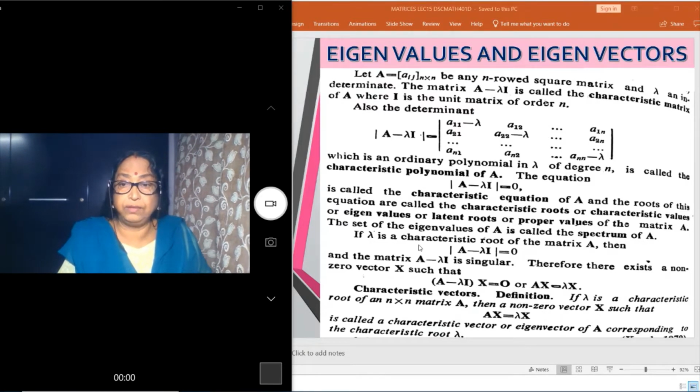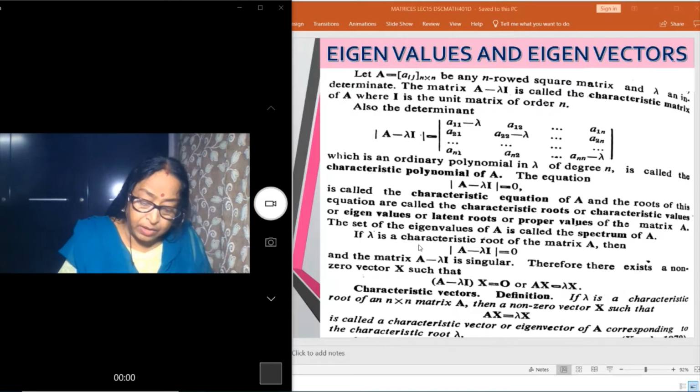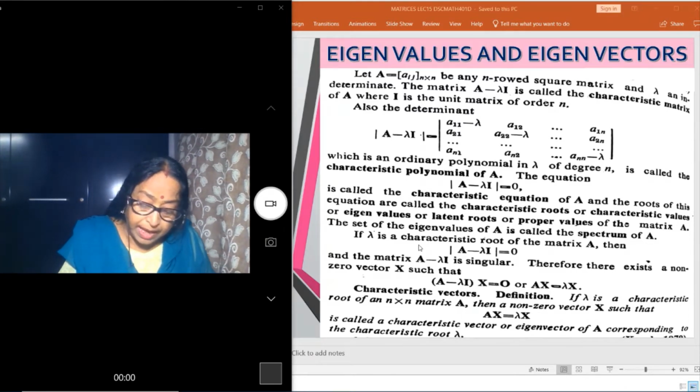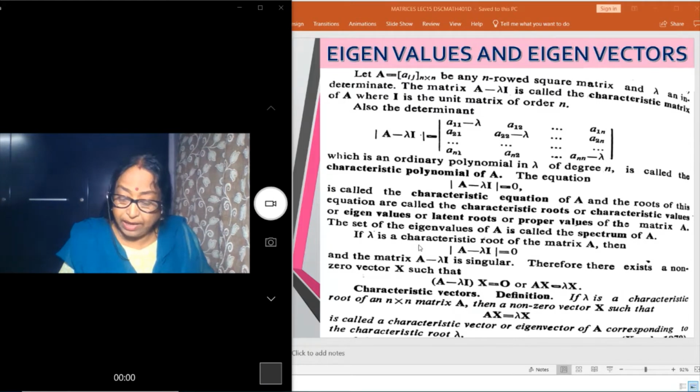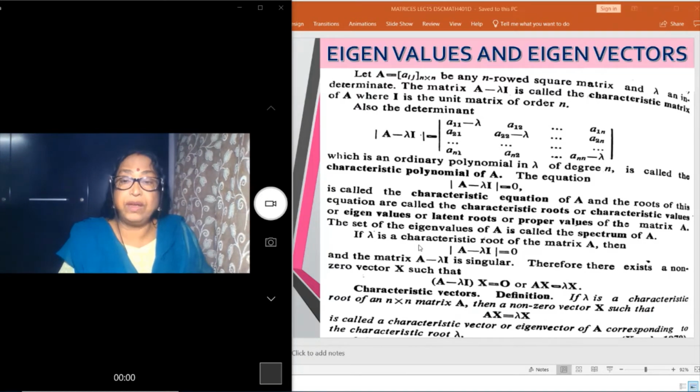When the determinant of this matrix is equal to 0, we call it the characteristic equation of A, and the roots of this equation are called the characteristic roots, characteristic values, eigenvalues, latent roots or proper values of the matrix A. When we solve this, we get the values of lambda, known as the characteristic values, characteristic roots or eigenvalues.